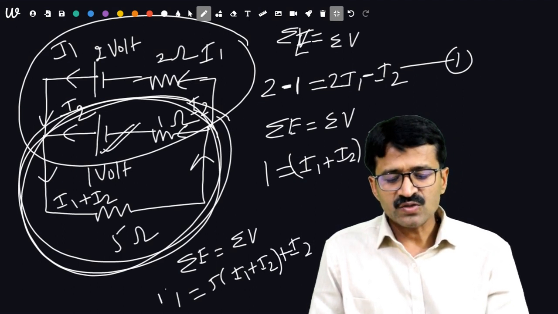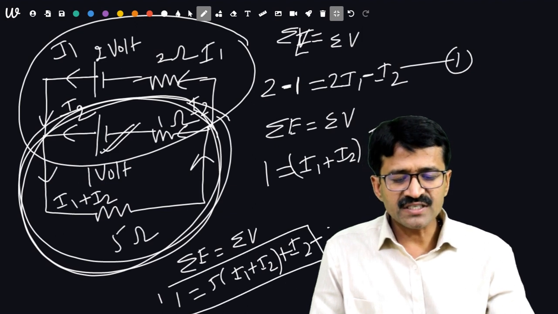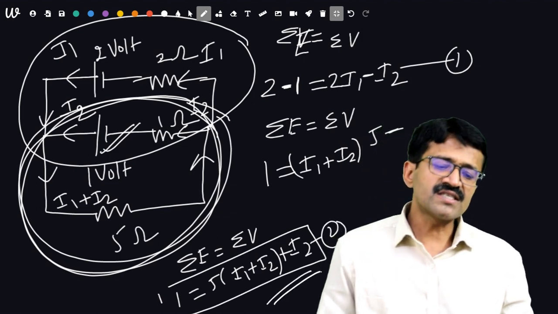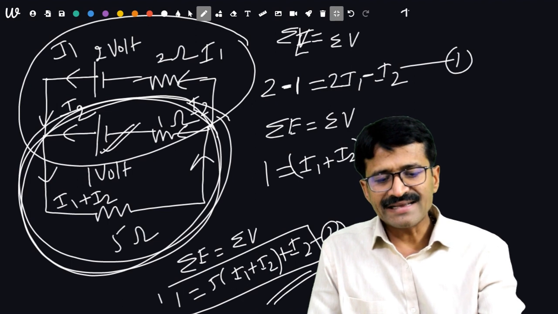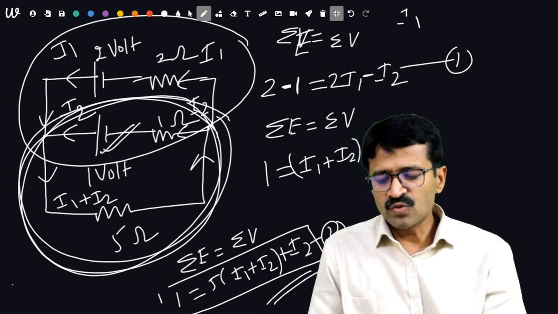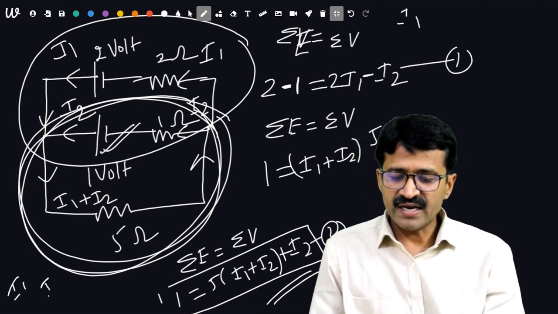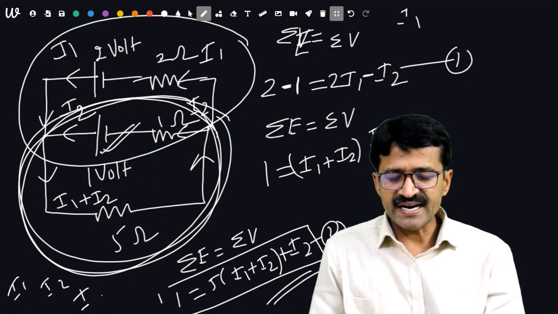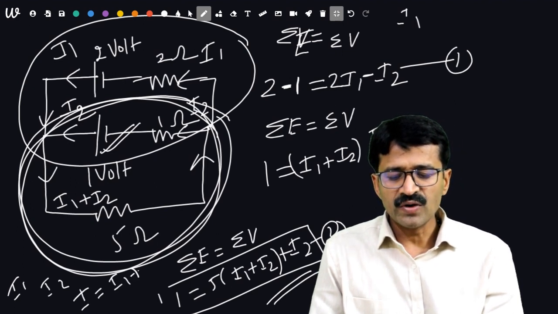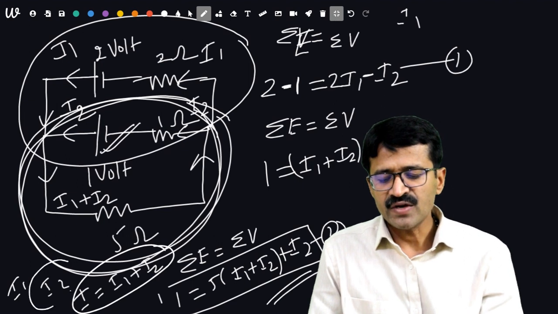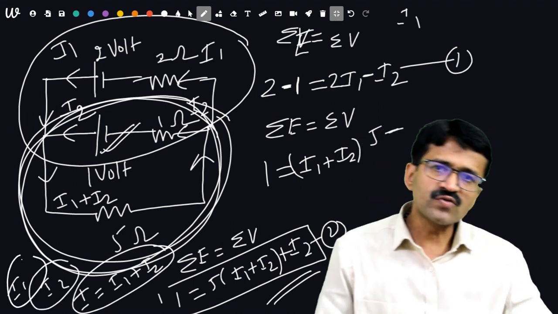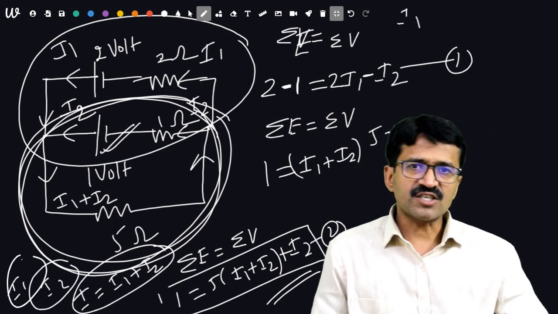So these are two equations. By solving these equations, you will get the results, that is you can get I1, you can get I2, you can get the total current I is equal to I1 plus I2. So Kirchhoff's second law is very useful when we consider such problems.